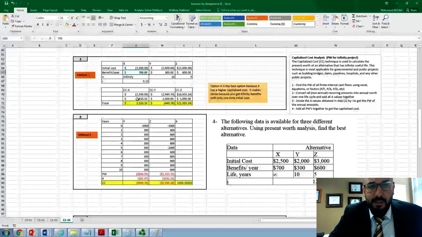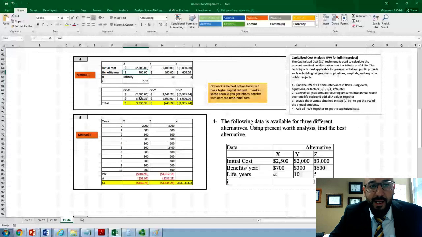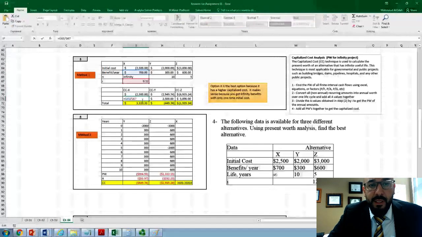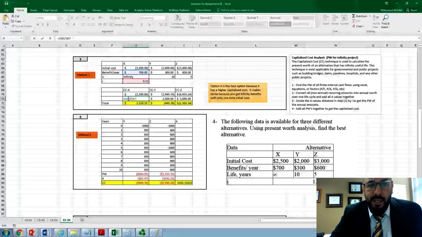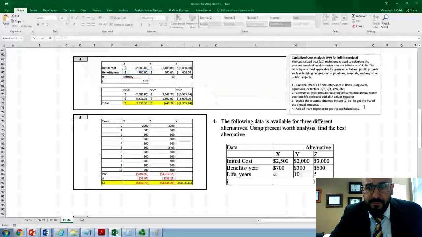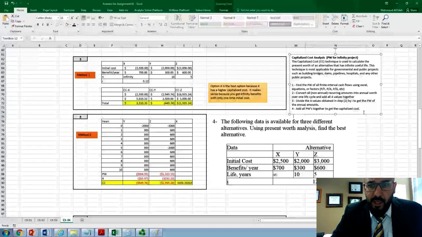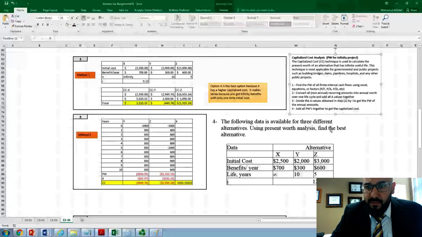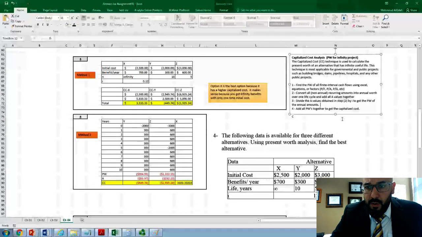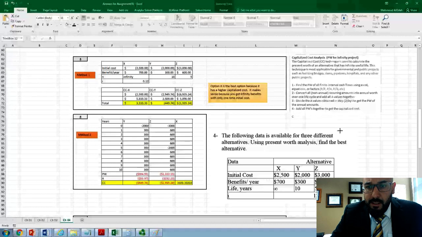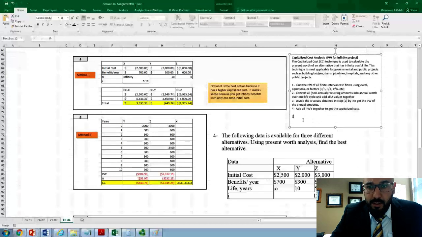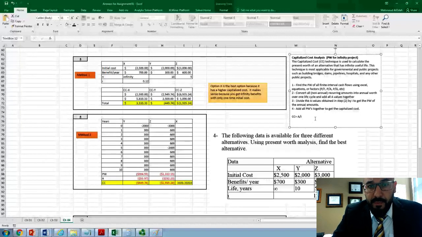And the capitalized cost for that would be 700 divided by 12%. I'm going to write it here. It's an equation listed in the textbook, however we have to include it here. So capitalized cost is equal to A divided by i.